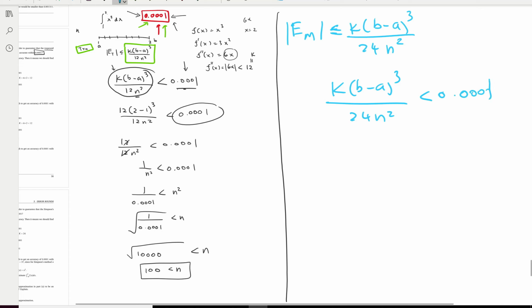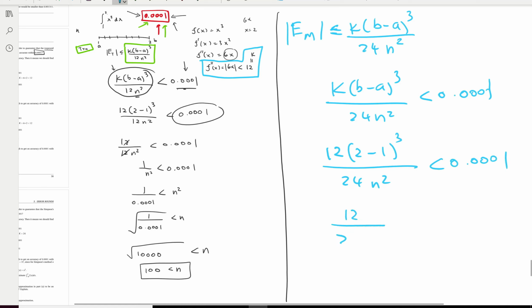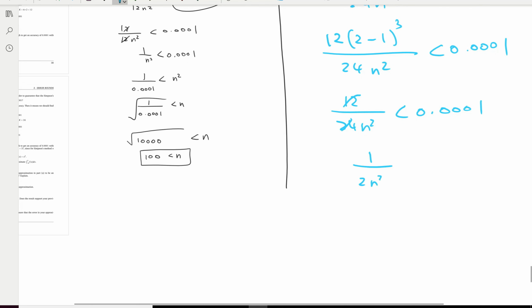Now what is K? K is going to be the bound for the second derivative, which is the same as the trapezoidal rule result. Okay, K is going to be 12, and b is 2, a is 1. Those things are not going to change. Now 2 minus 1 cubed is 1, so it's 12 over 24n squared less than 0.001. 12 and 24 cancel out, so you're going to get 1 over 2n squared less than 0.001. So I'm going to take n squared to the right, 0.001 to the left.